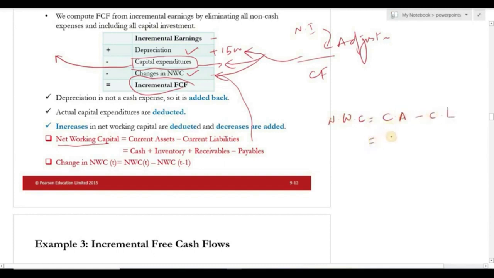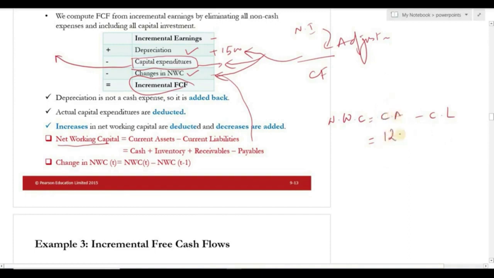For instance, current assets are 100 minus current liabilities of 100, our net working capital is 0, right? What does it mean? It means we have short-term borrowings, or current liabilities, to buy the current assets of 100. That's very simple. We are using current liabilities of 100 to buy current assets of 100. 100 equals 100. Okay, but what if the situation is relatively different?